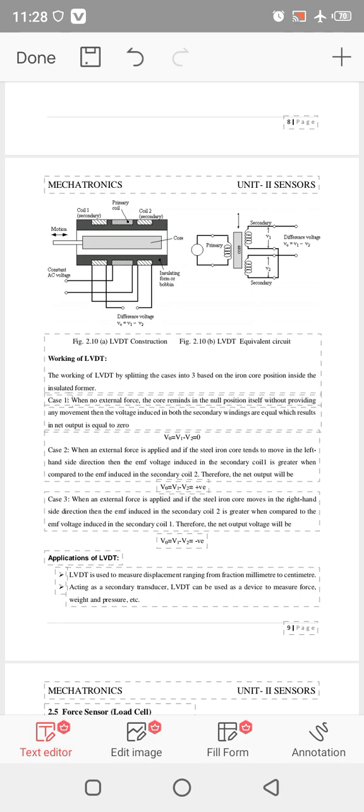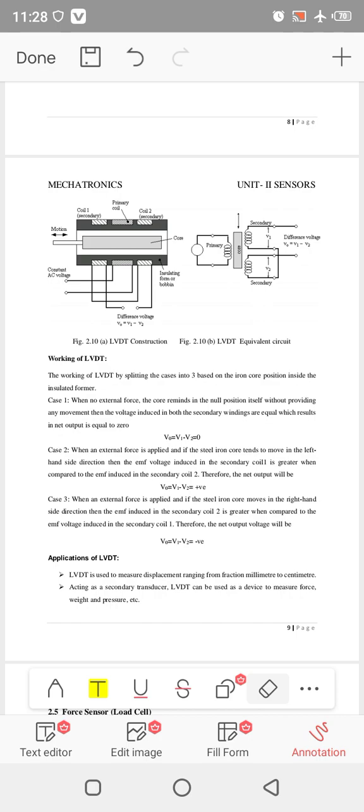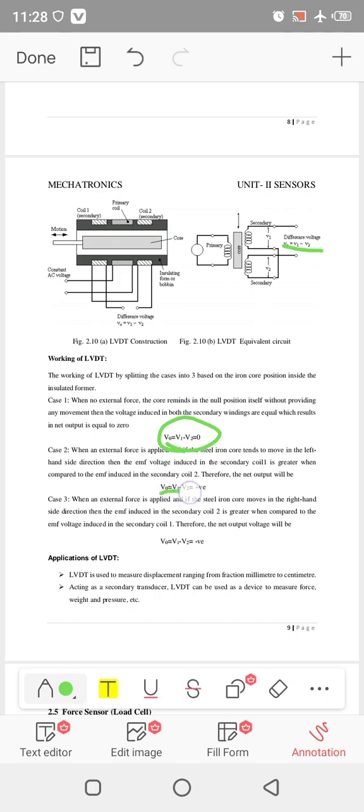If there is no external force, the difference V1 minus V2 equals 0. If an external force is applied tending to the left, our direction becomes positive, and V1 is greater than V2.